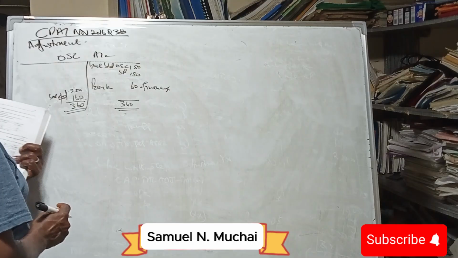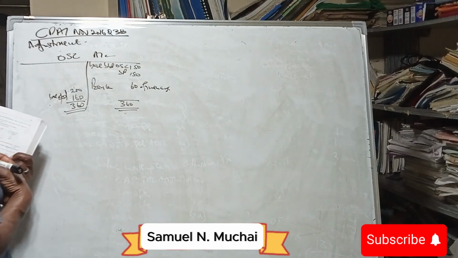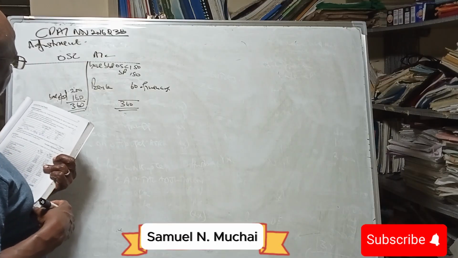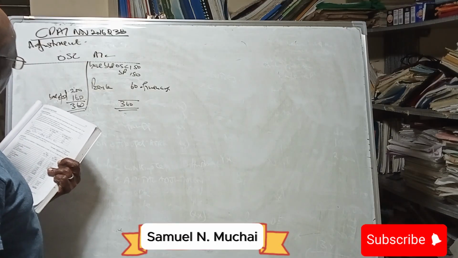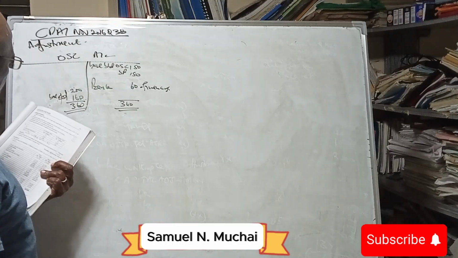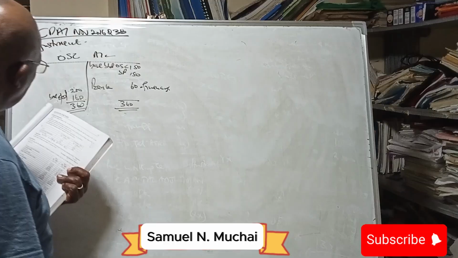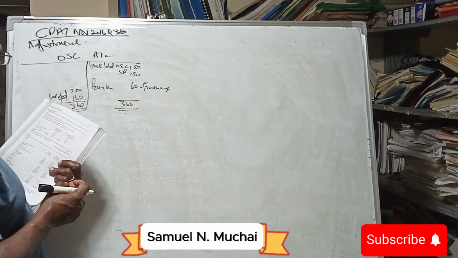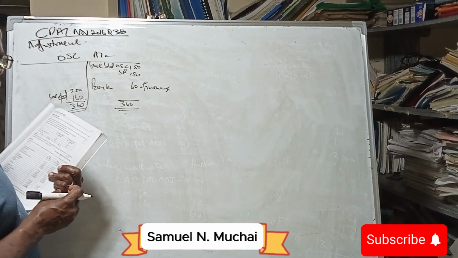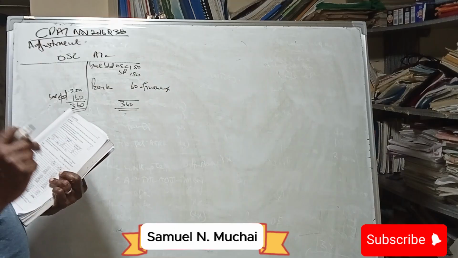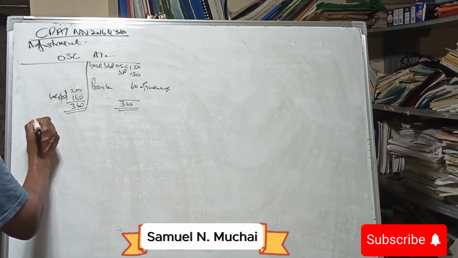Additional information number 2, you are told fittings and fixtures which had an original cost of 85 million and a net book value of 45 million were sold for 32 million shillings during the year. Now, if you look at additional information number 4, you are told the following information: fixtures and fittings are tangible non-current assets.